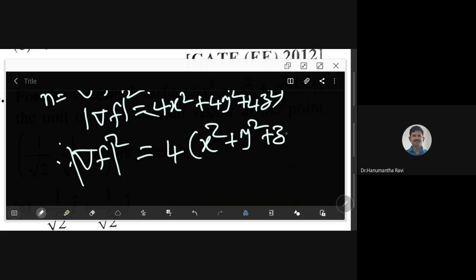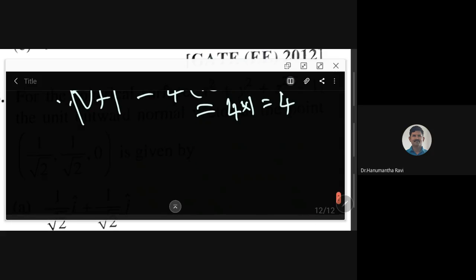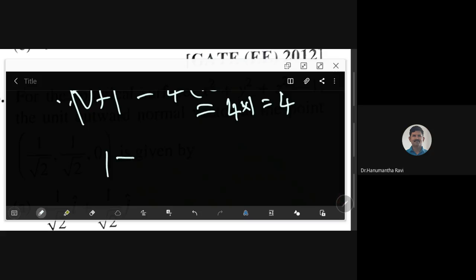But we are on the sphere x square plus y square plus z square equal to 1. So 4 into 1, this is 4. So the modulus of grad f, that is the norm, is 2, a non-negative number.